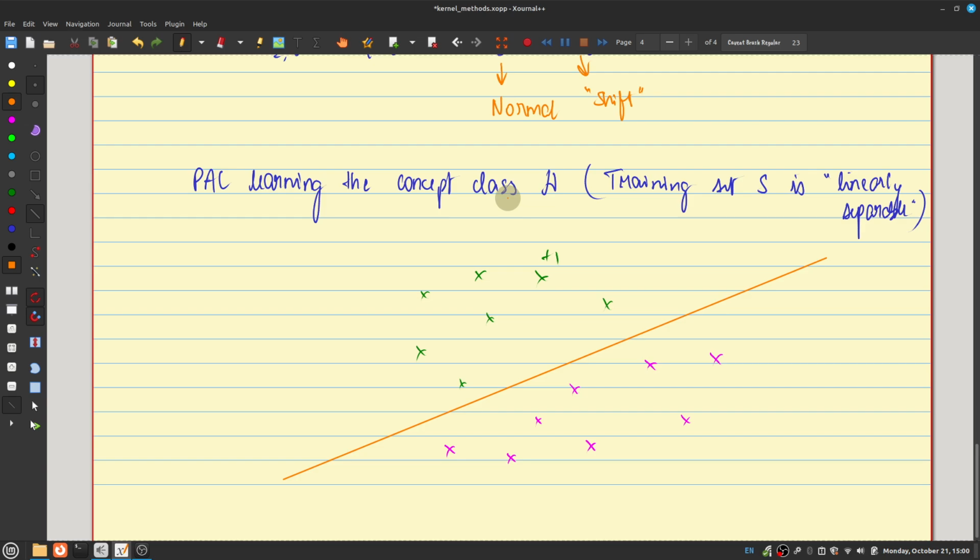Is there any case where the ground truth does not belong to the class? It need not belong, right? That's why it's agnostic. If you're only restricting to concepts from the hypothesis class, then that is PAC learning, right? That's the realizability assumption. In agnostic PAC learning, the ground truth could be from the hypothesis class, but need not be.